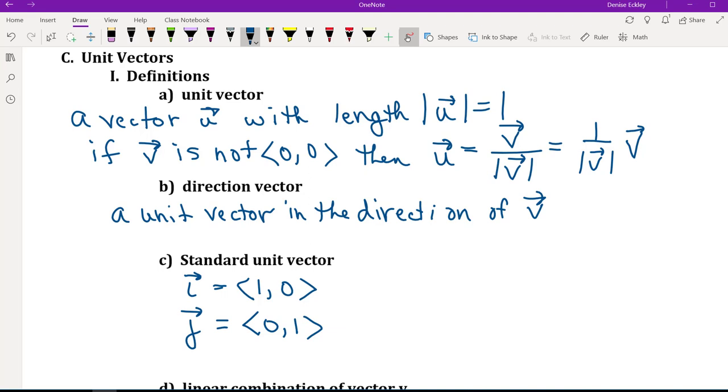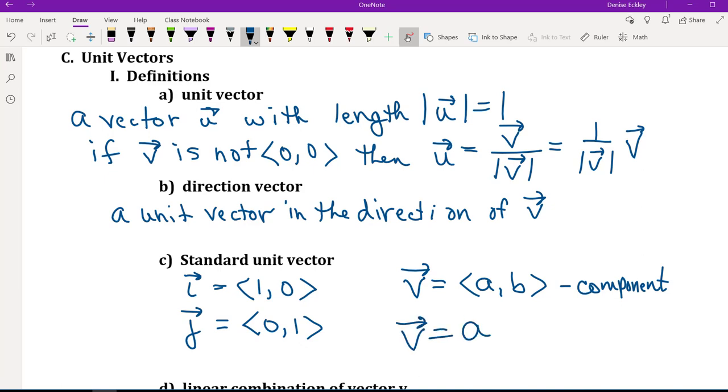So if you have a vector v with components <a, b>, that's the component form. The unit vector form is a, which is a scalar, times the x direction unit vector plus b times the y direction unit vector.